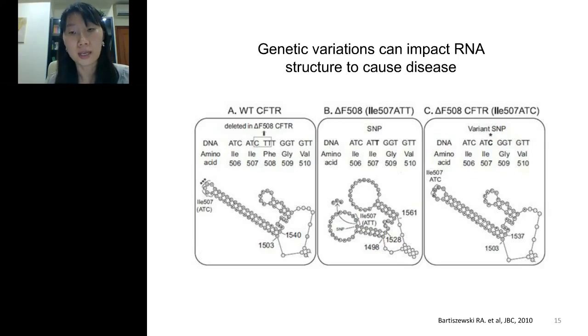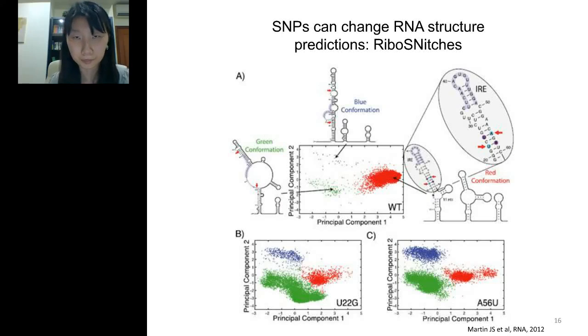However, recently it was also discovered that this deletion resulted in a base mutation in the sequence, and hence when you revert this base back to its original sequence, you can restore the secondary structure, resulting in the restoration of the efficiency of translation across this region, and hence a less severe phenotype.